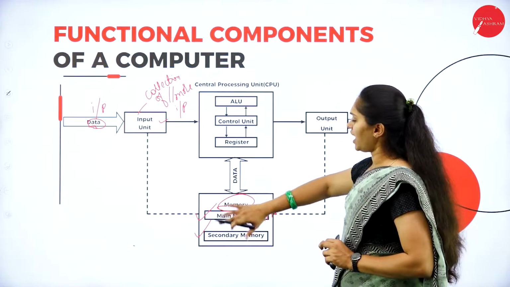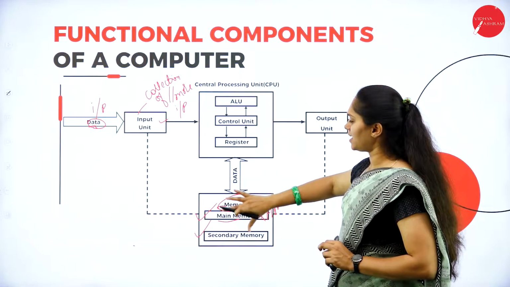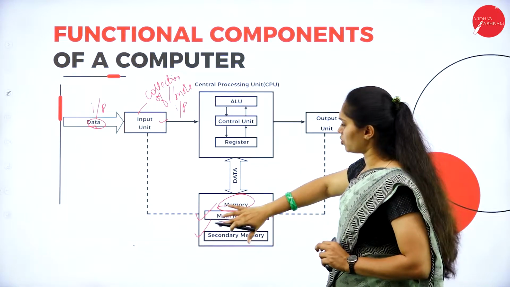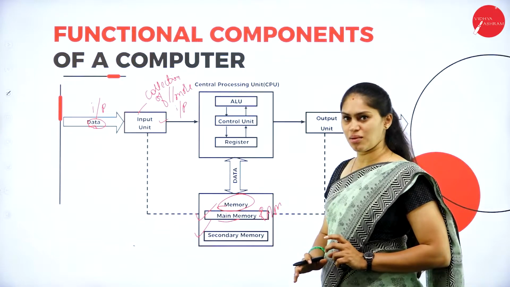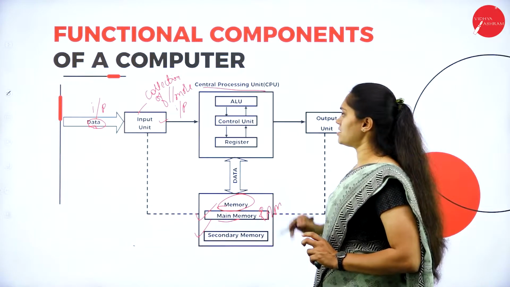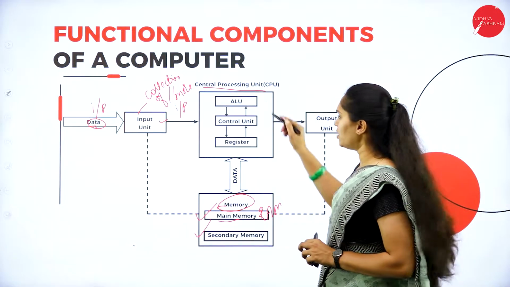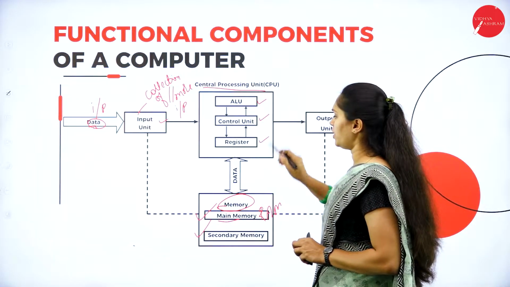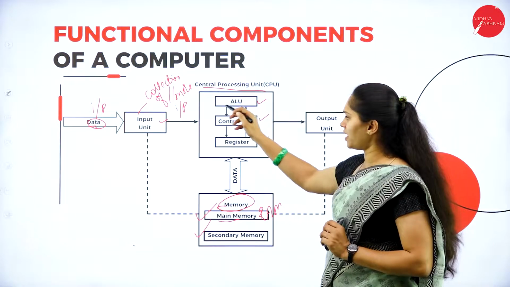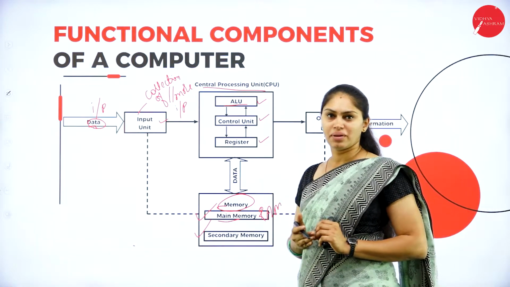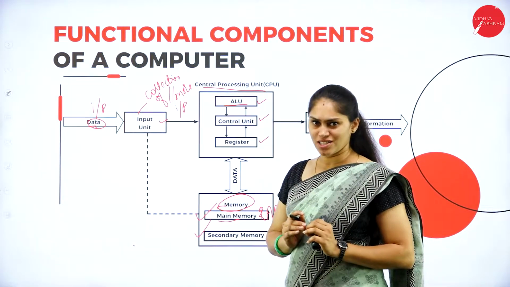Fine. With the help of this, data will be exchanged bidirectionally between the memory, input, as well as the CPU, the central processing unit. Again, we have three components within the CPU, that includes ALU, control unit and register. The ALU is the abbreviation of arithmetic and logical unit.